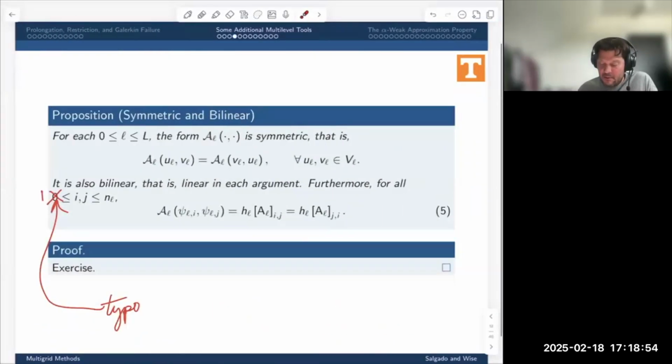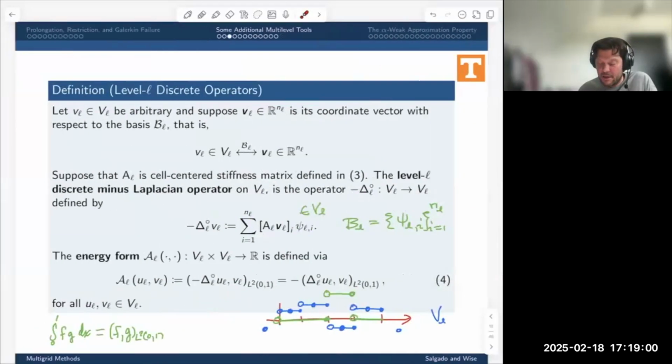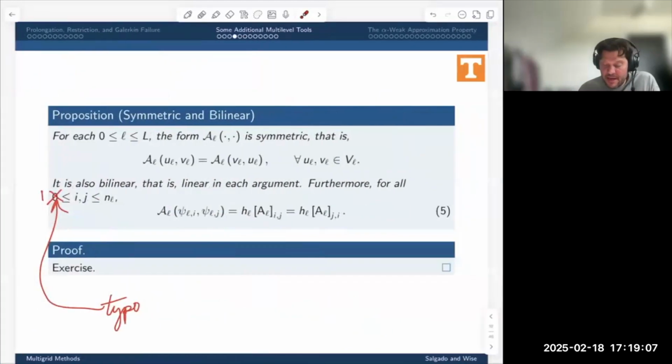Where does the h_l come from? Well, the h_l comes from the fact that we're combining these two objects in essentially an L2 inner product. So when we integrate, we actually are going to get an extra factor of h_l.